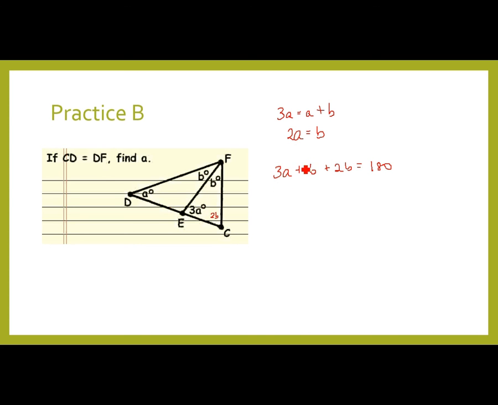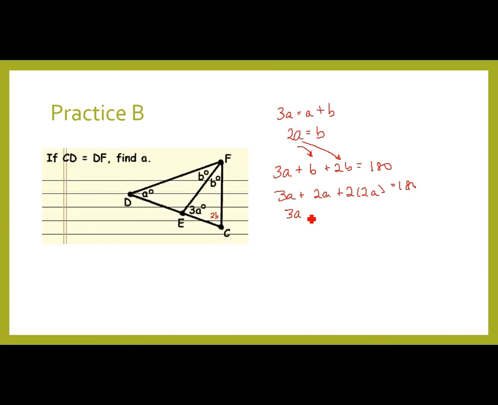Now that we have an expression for what b is, we could say 3a plus 2a plus 2 times 2a. So that's again just substituting. Instead of b, we're going to write what b equals, which is 2a. We'll put that in there, and that should equal 180. Now we have it all in a's, which is what we're looking for.